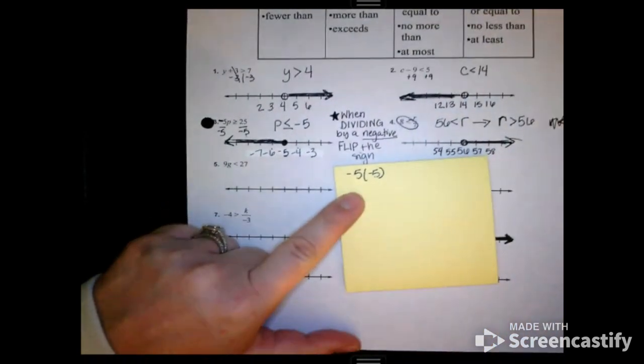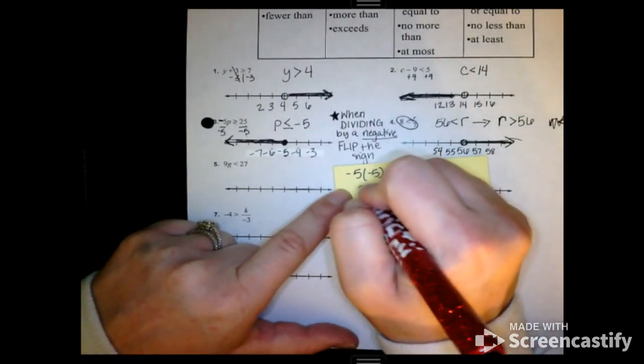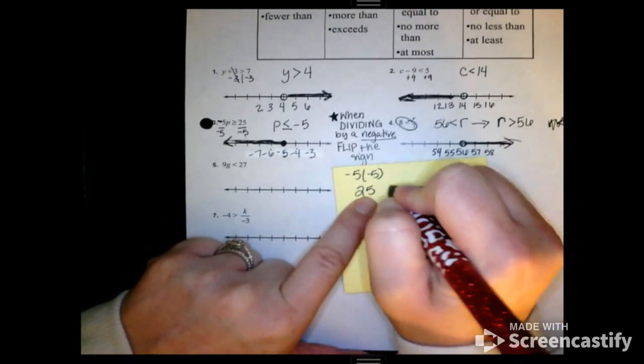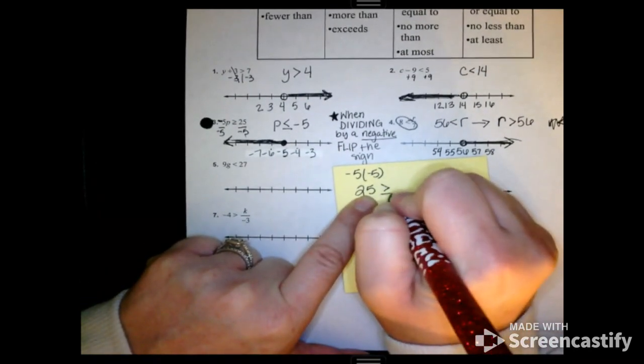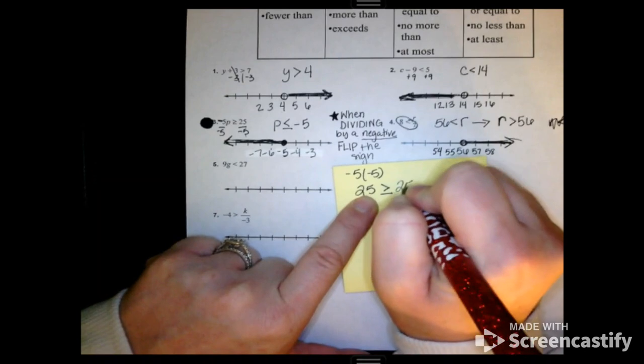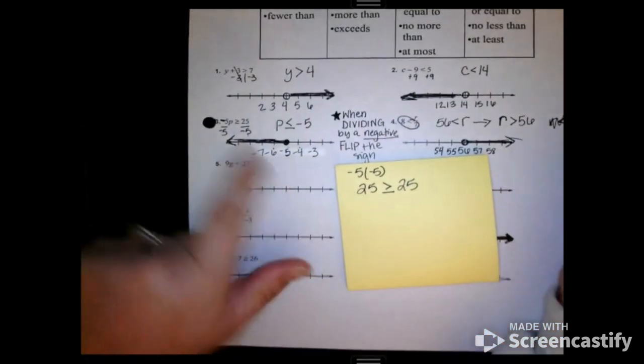Okay, so the reason for this. All right, let me find it. So if I put -5 times -5, what does that give me? A positive 25. So is a positive 25 greater than or equal to 25? Yes. Okay.